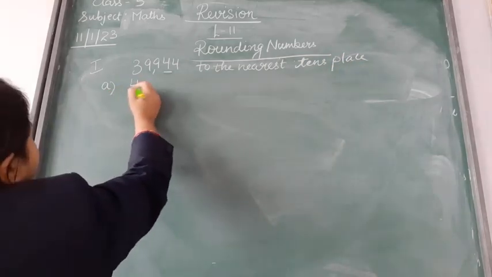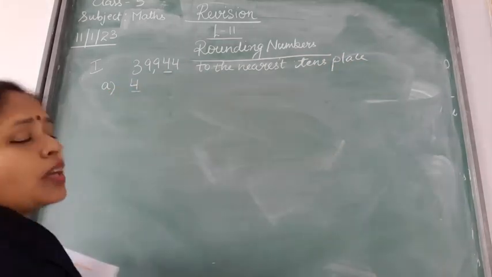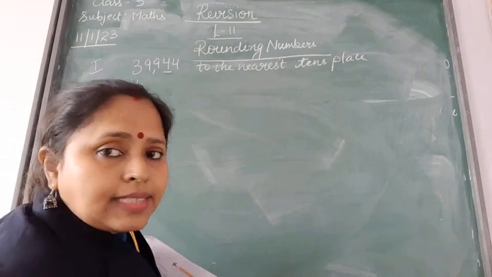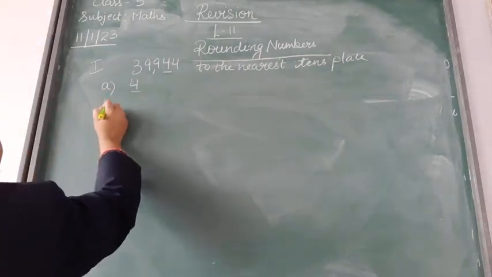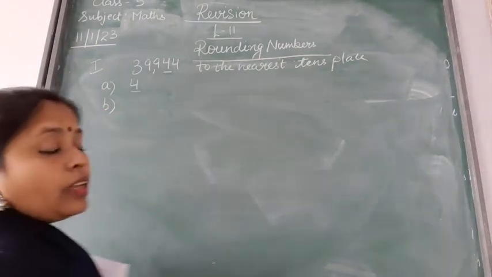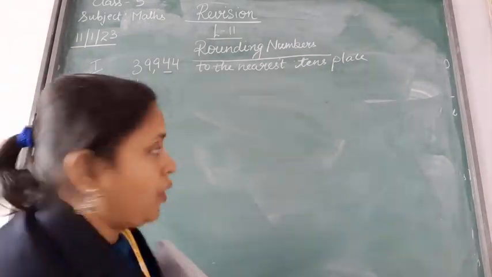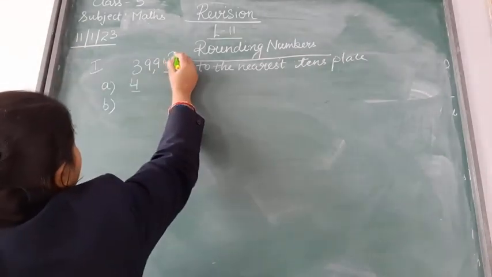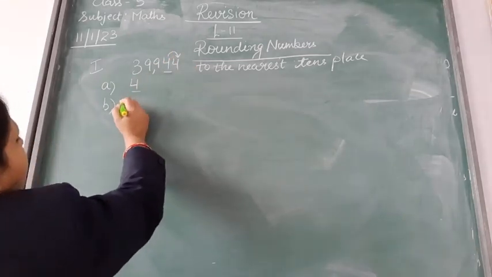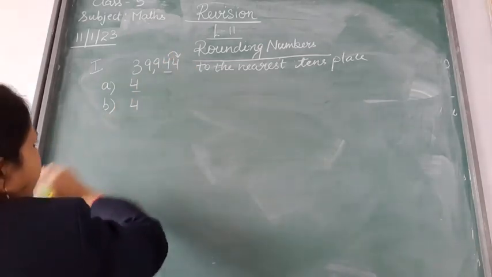The digit at the 10th place is 4. For our convenience, we are going to underline this digit. In the next step, we will see what is the digit on the right hand side of the rounding off place. The digit on the right hand side of the rounding off place is 4.